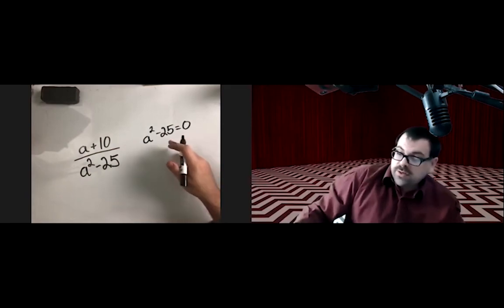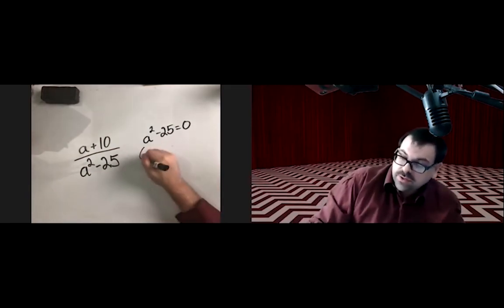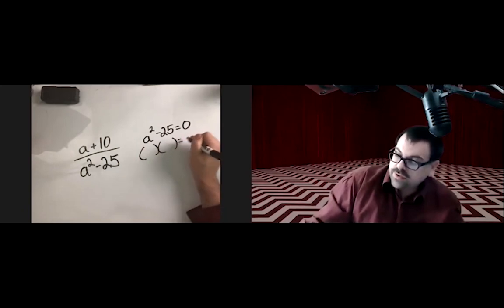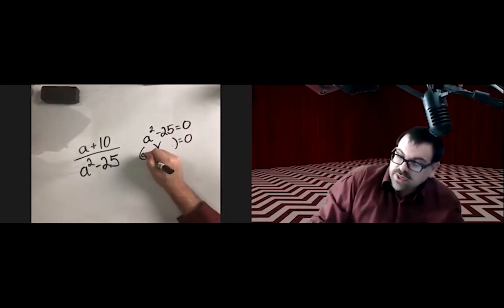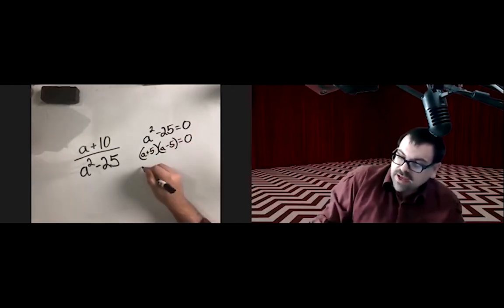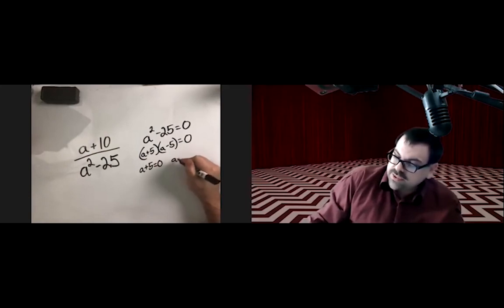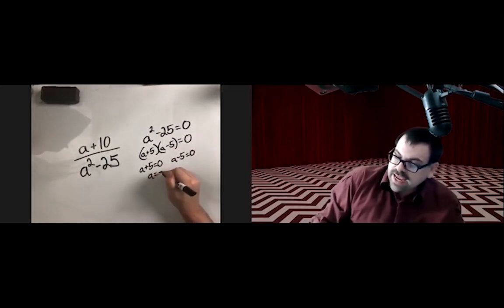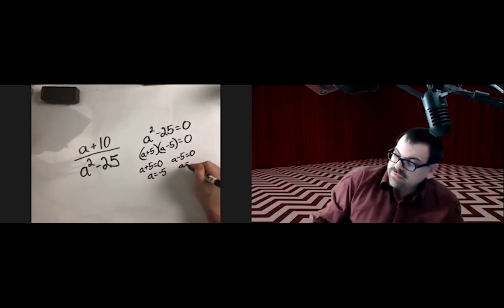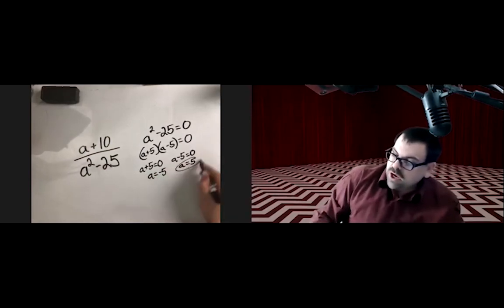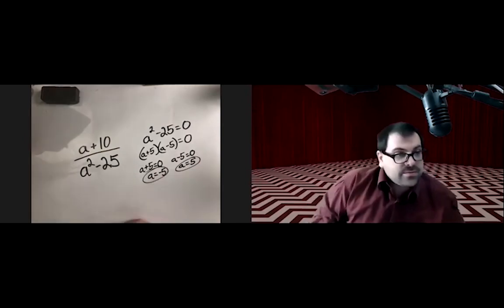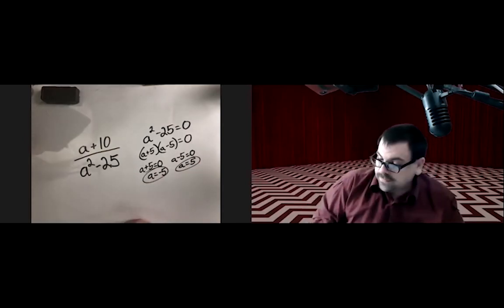We could factor and solve. As a difference of squares, this would be a plus 5 times a minus 5. Set both of those equal to 0 and solve to get a equals negative 5 and a equals positive 5 as the restricted values.